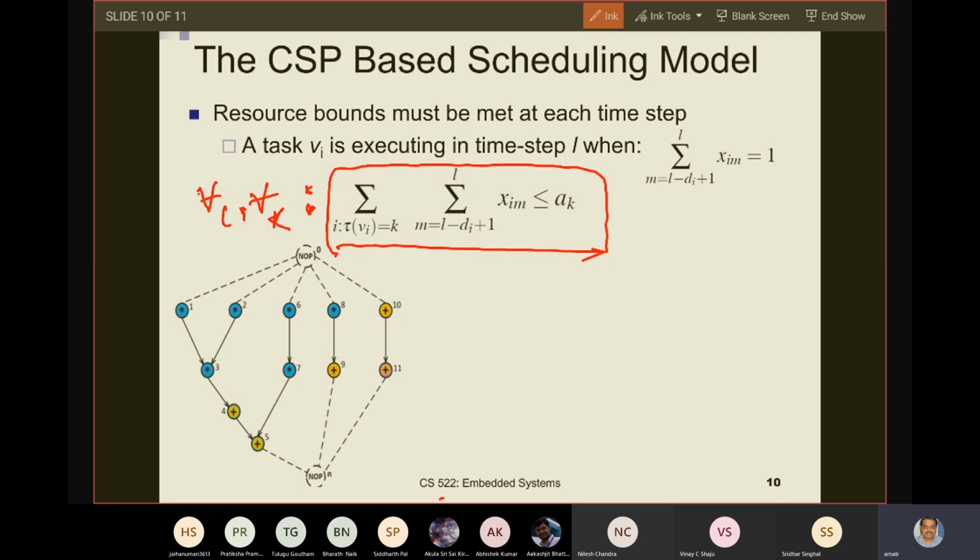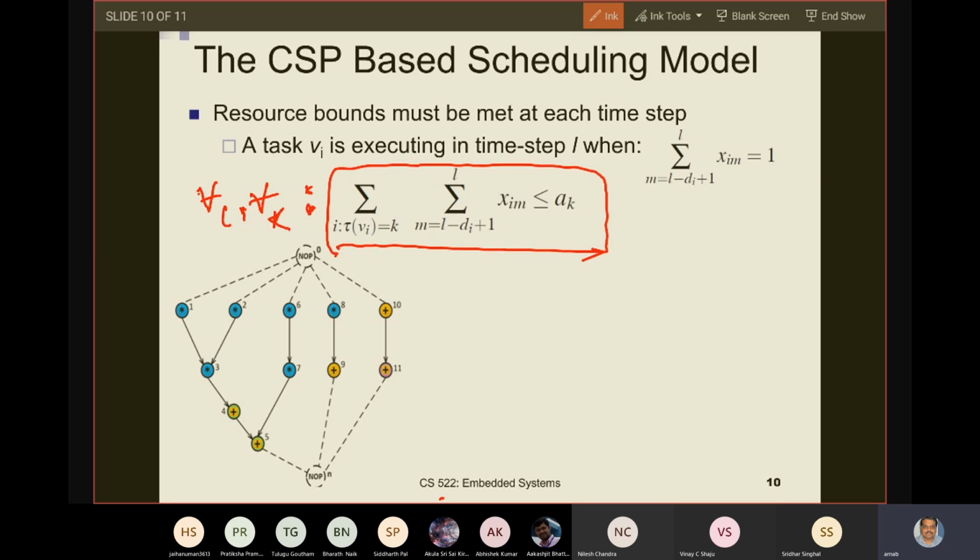There AK is the number of processors of type K, because I have assigned during hardware software partitioning, I know which task will go to which type of processor. Now I have multiple instances of that type of processors. So what I'm saying here is that tau vi equals k, because I am writing this constraint for all L and for all K.